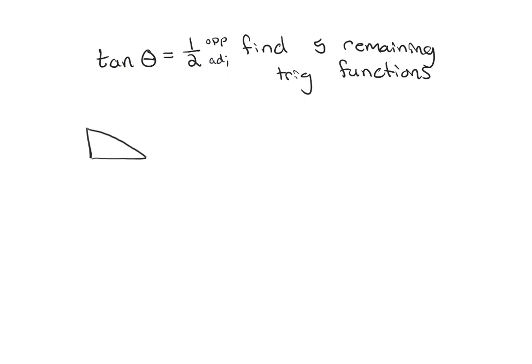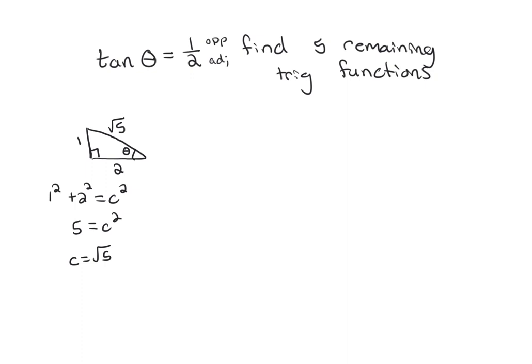Just getting a sketch on here. And if I make this my angle, opposite 1, adjacent 2, and I need to find the hypotenuse. So to find the hypotenuse, a squared plus b squared equals c squared. So 4 plus 1, 5 equals c squared, so c is equal to the square root of 5.